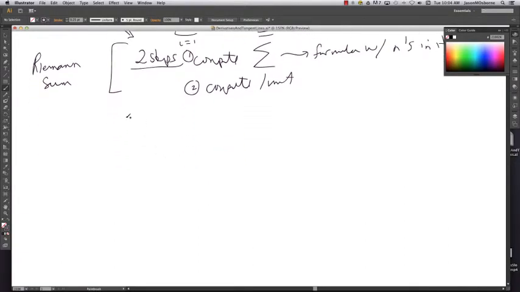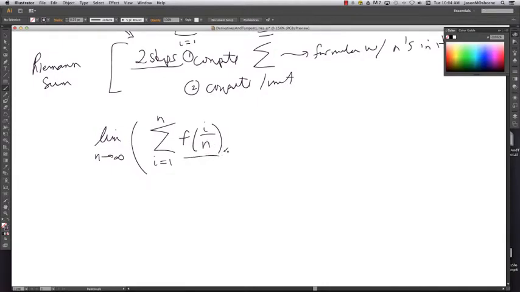So let's move on. We want to compute the limit as n goes to infinity, the second step, of the summation i equals 1 to n, where n is the number of rectangles. Let's leave it unevaluated. i goes from 1 to n.